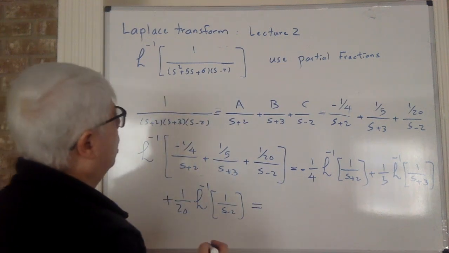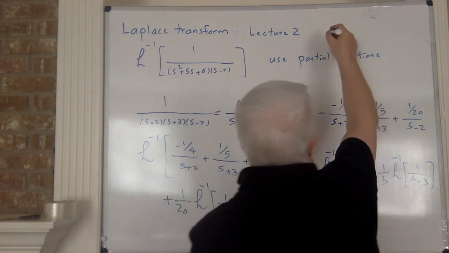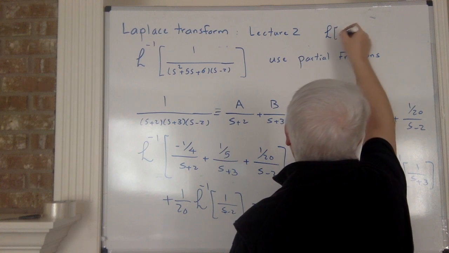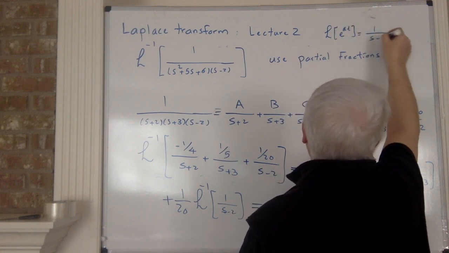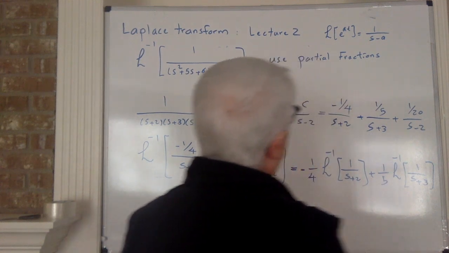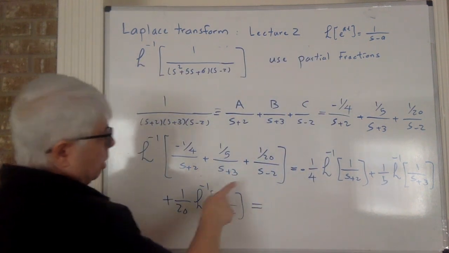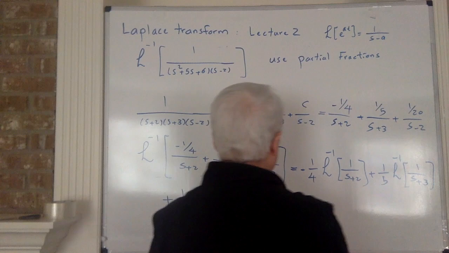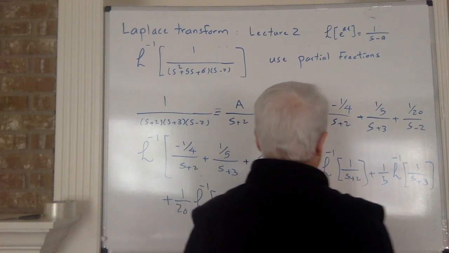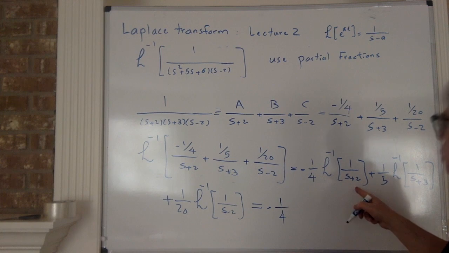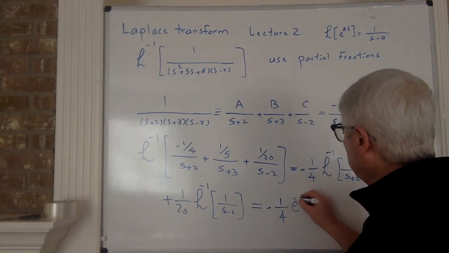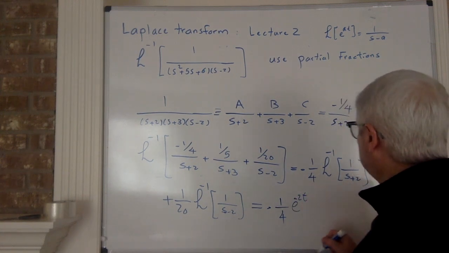So I know that the Laplace of e to the power at was 1 over s minus a, right? So the first one is minus 1/4 L inverse of this. A here is minus 2, so it is e to the power minus 2t.